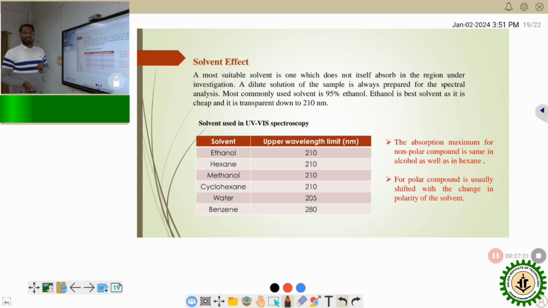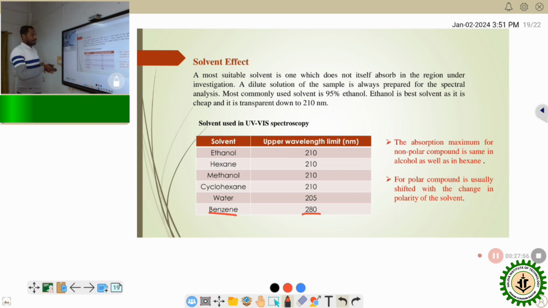But benzene absorbs energy at 280 nanometer. If we study an organic compound like acetone, acetone absorbs energy at 279 nanometer, which is near 280 nanometer. For that purpose, we do not use benzene as a solvent. Why? Because it already absorbs energy in the same region.